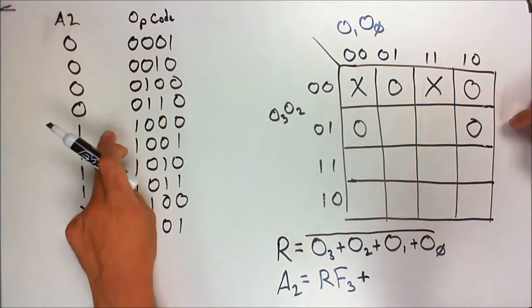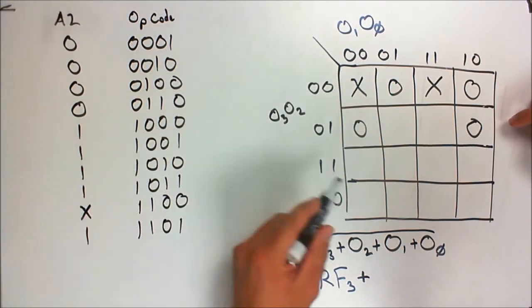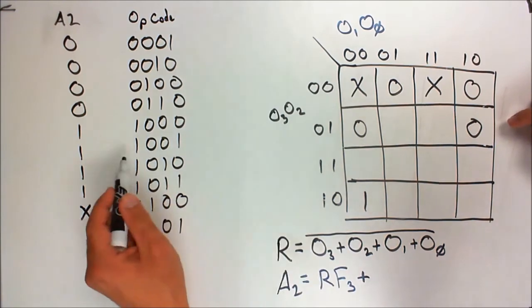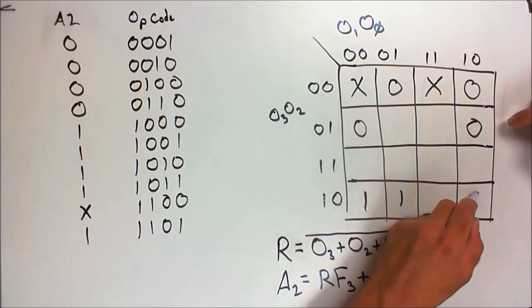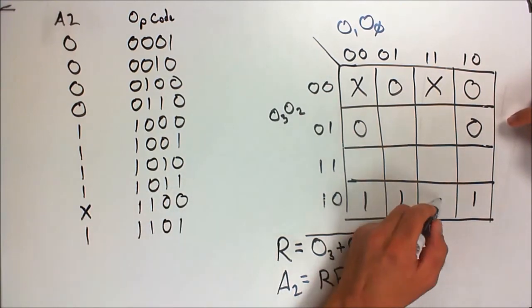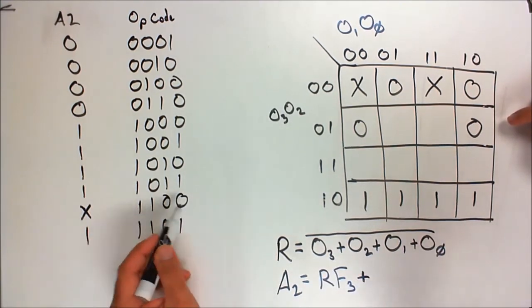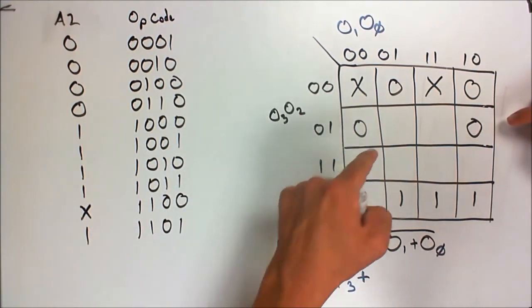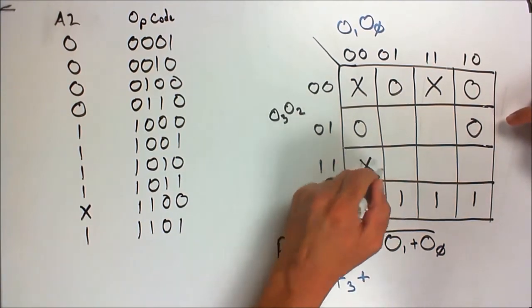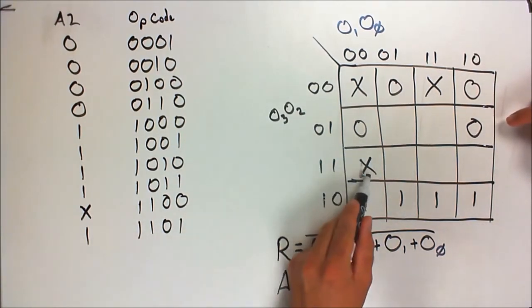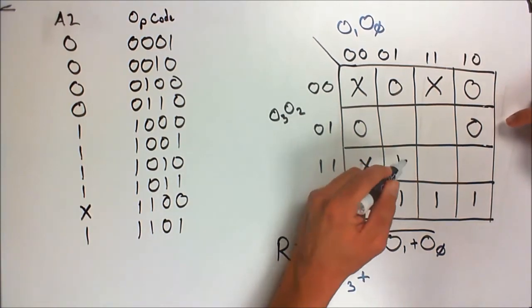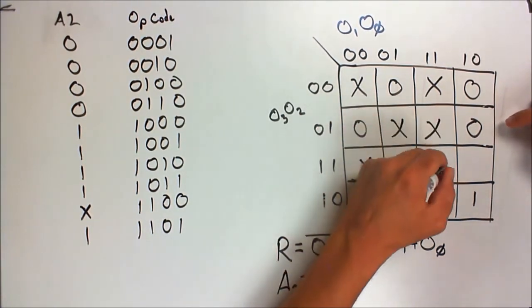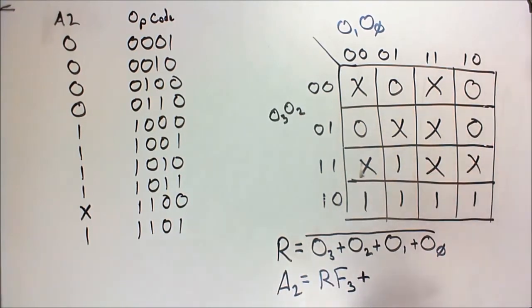We've got 1000, that's a 1. 1001 is a 1. 1010 is a 1. 1011 is a 1. 1100 is a don't care. Sorry, that's a don't care. And then 1101 is a 1. And everything else we fill in with don't cares.